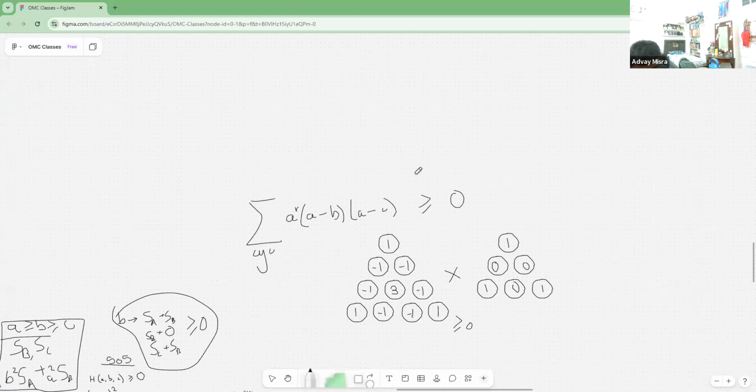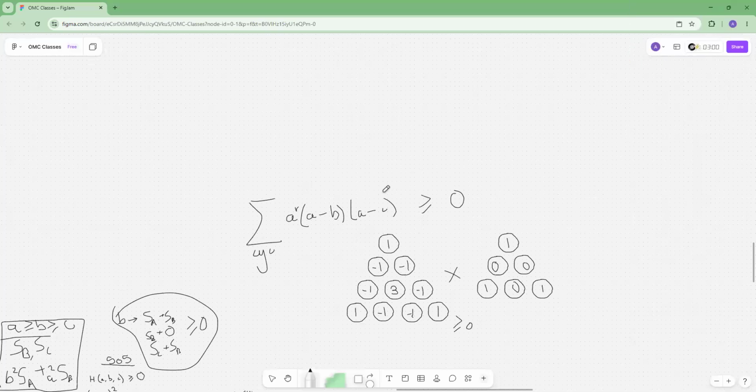Yeah, this is Schur's inequality. Okay, and what are the conditions on A, B, C, and R?